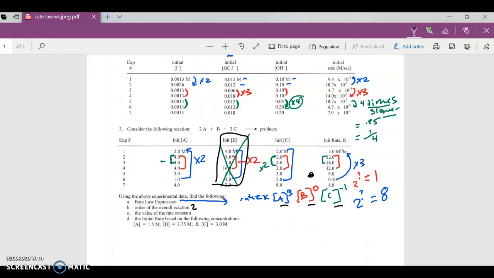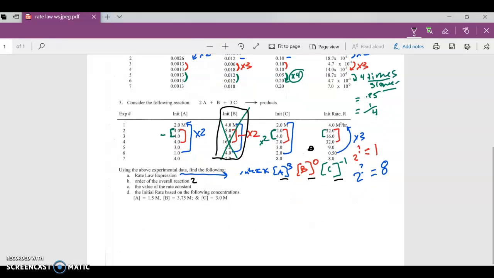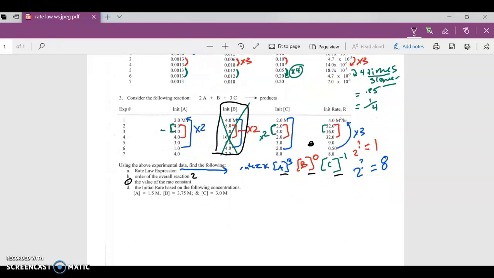The value of the rate constant. Here I want to just pick any lane and solve for it. In other words, I'll just take lane 1 here. My rate is 4.0 molarity squared per hour equals K, that's what I'm going to solve for. My A is 2 to the third.